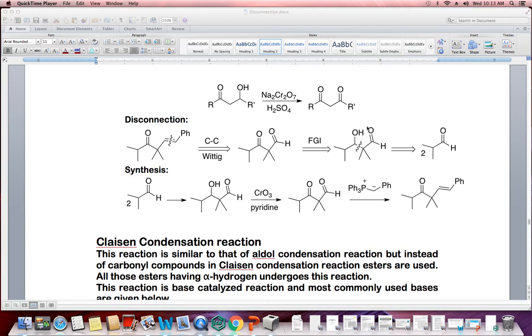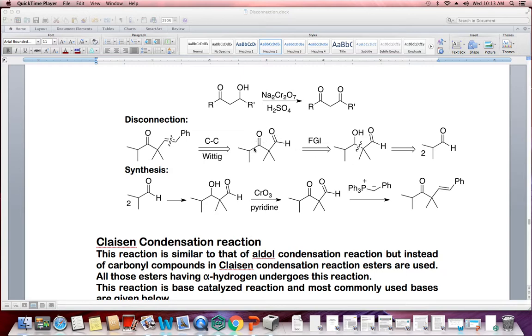When we reach this stage of the target molecule, this compound has 1,3-dicarbonyl compounds. We have to convert one carbonyl compound into hydroxyl functionality. Now, in this case, we can convert this aldehyde into hydroxyl functionality or this one into hydroxyl functionality.